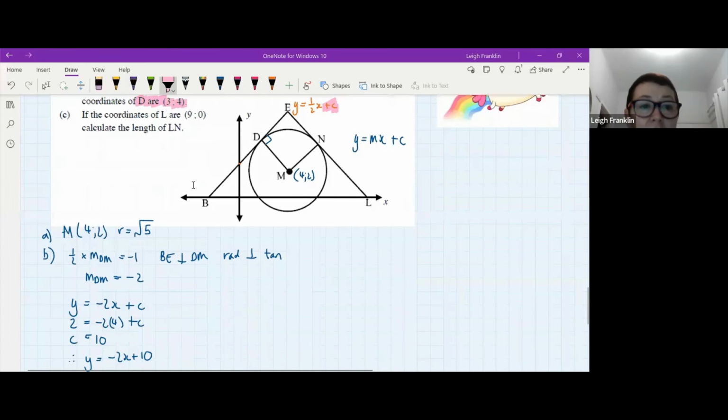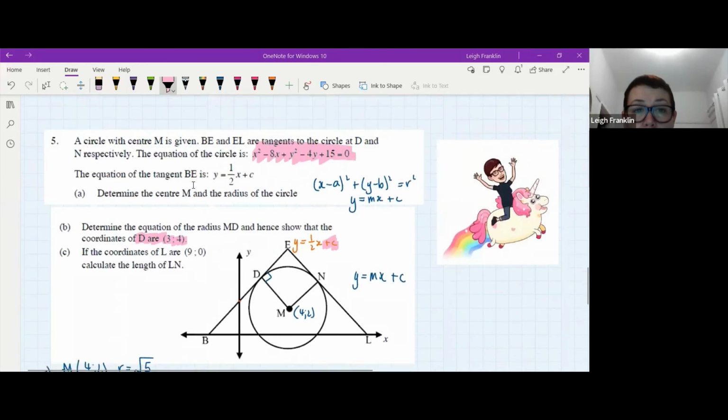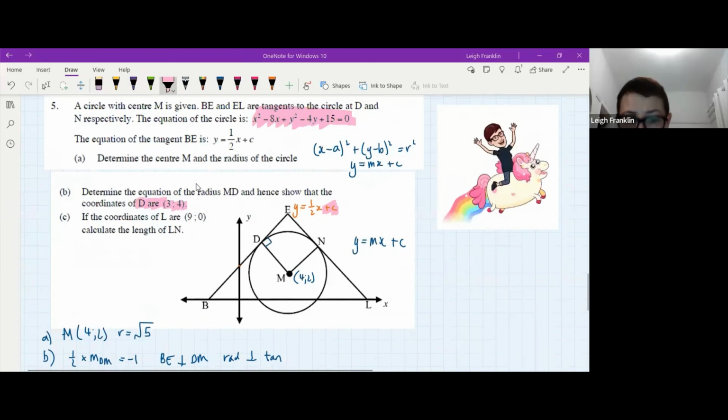So now the equation of the circle. Okay, let's just get this down here. Oh, we're running out of time here, guys. The equation of the circle is x squared minus 8x plus y squared minus 4y plus 15 equals 0.